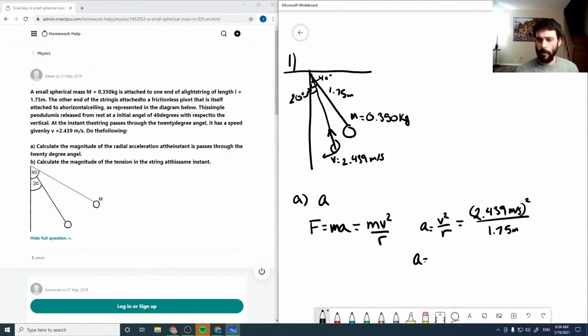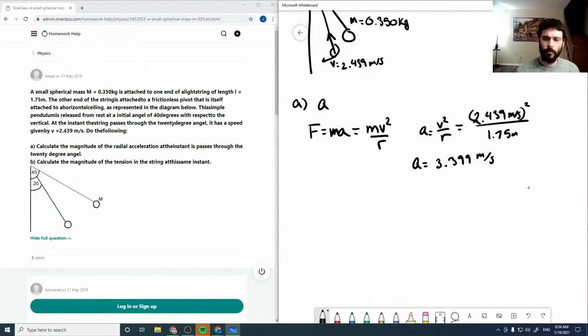Now if we do this out on our calculator, we get 3.399 meters per second squared. Okay, so there's our radial acceleration. And now B is to calculate the tension in the string at the same instant.